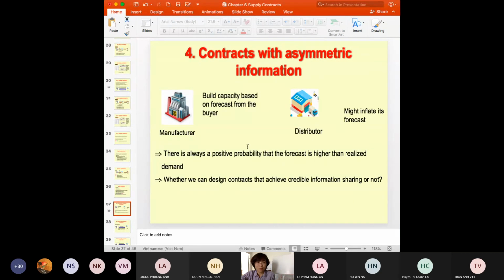So the capacity they build is different from the demand. So whether we can design the contracts that achieve credible information sharing or not. So how can we design the contracts in this case?